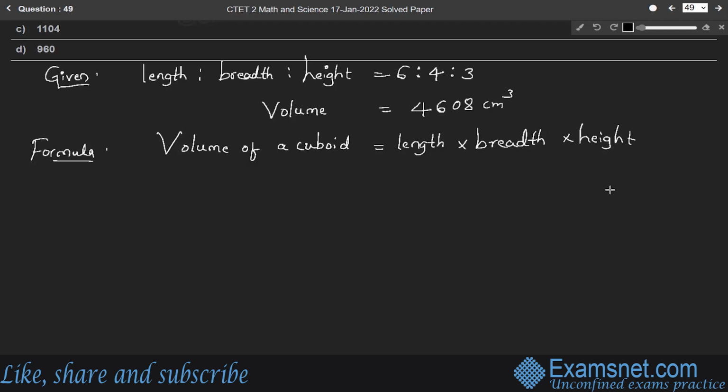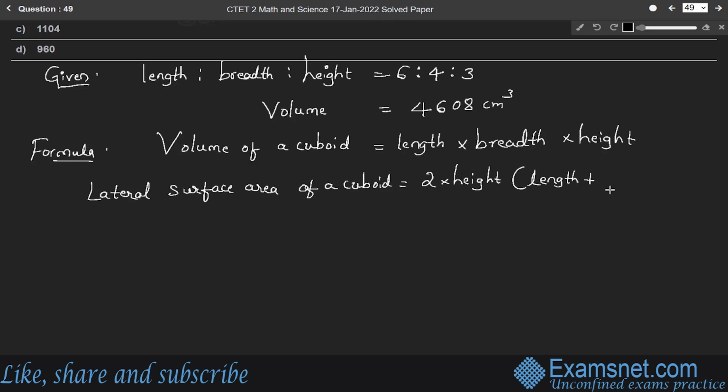So the lateral surface area of a cuboid is equal to 2 times its height into length plus breadth.